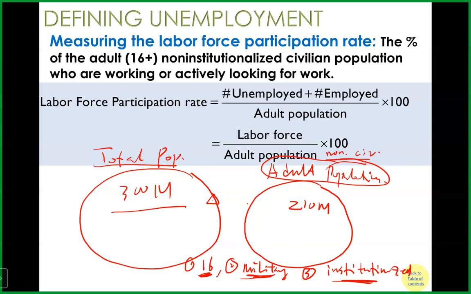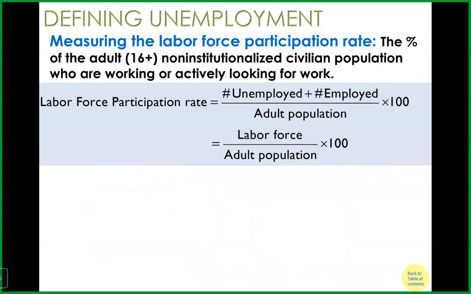So now we reach this smaller circle. Let me erase everything. Okay, make sure you understand what is inside this small circle and who is not, right? To be precise, essentially we exclude young, military, and institutionalized. Now we are left with 210 million.